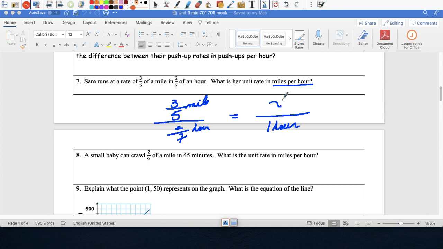So again, you could have cross multiplied this. I don't think you would have liked it too much. Or going this way, how did this 2/7 become 1? Well, we're going to divide that by 2/7. Now, dividing it by 2/7 is the same thing as multiplying by the reciprocal, which is 7 over 2, right?